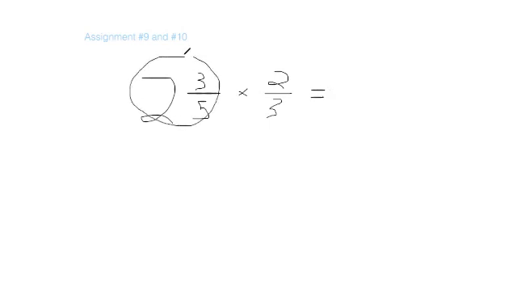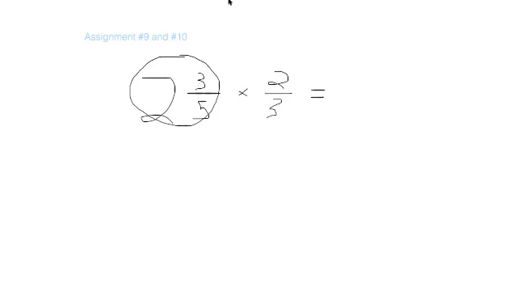With a mixed fraction, let's say it's 2 and 3/5, and let's say that we're multiplying that times 2/3. What you need to do first when you're doing a problem like this is convert it to a fraction.